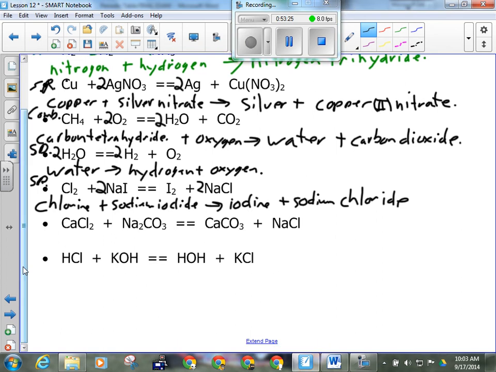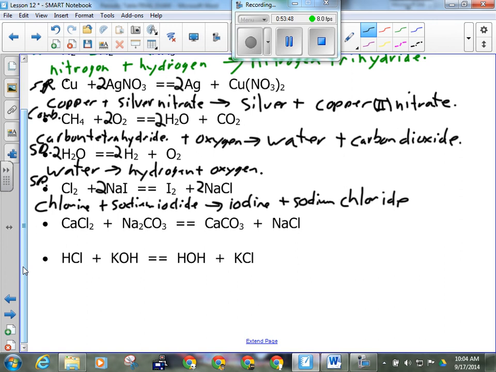Second last one. I've got calcium chloride, which is an ionic compound, reacting with sodium carbonate, which is an ionic compound. What kind of reaction starts with 2 ionic compounds? Not single replacement, a double replacement, right?